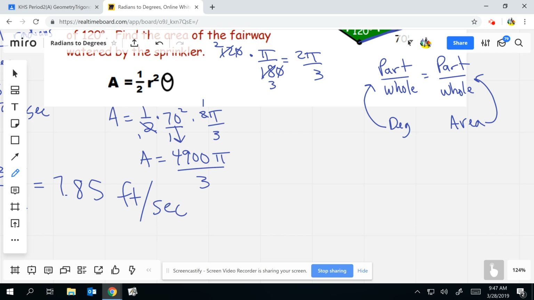So the bottom would have a 3, and if you multiplied 4,900 times pi and divided it by 3, you get 5,131.3 square feet, because it's area. So this formula can go pretty quick, but you'd have to remember the formula and you would need radians. You've got to change it to radians.